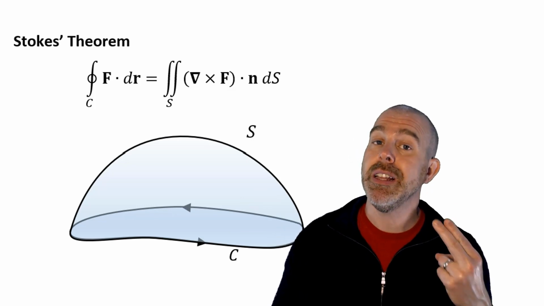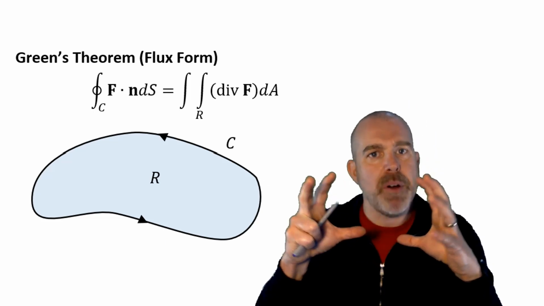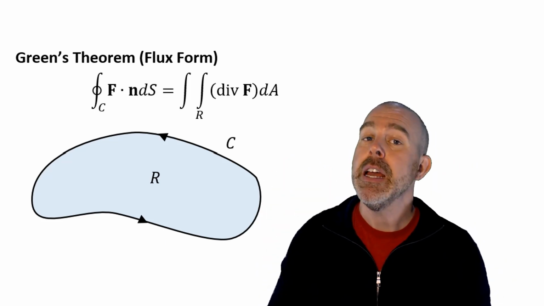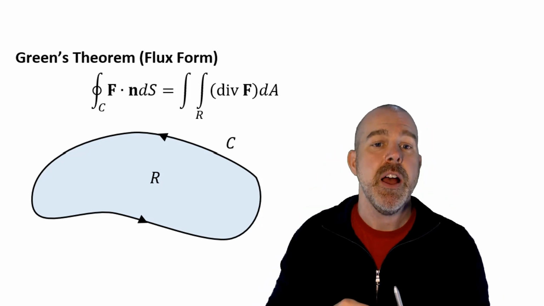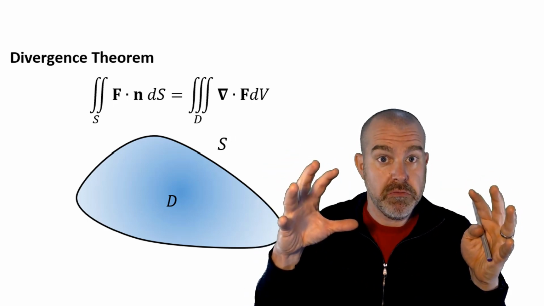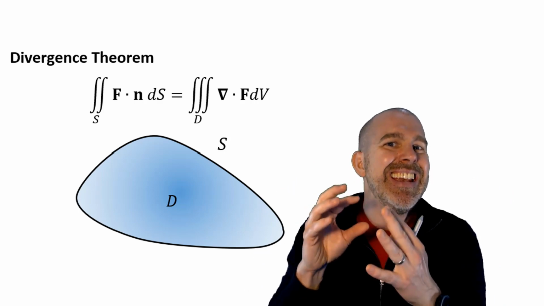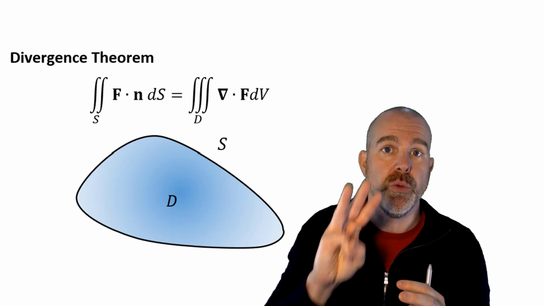There was also the second version of Green's theorem, the flux form, where you can find how much flux there is across, normal to the path. And now we can do something similar in three dimensions. We could say that the flux across a surface should equal the integral of the net divergence over the three-dimensional region.